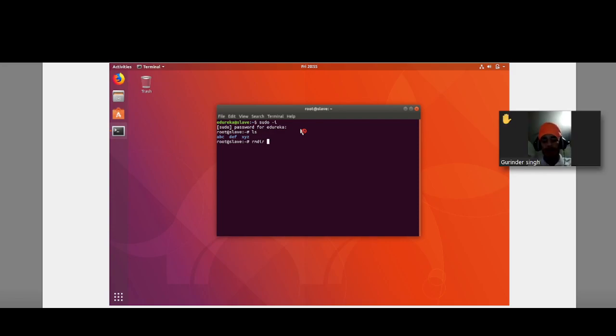Sir, can you please explain the 10th step? Space XYZ. Why are you doing DEF? Okay, do it. Then do RMDIR, sorry, just RM. RM space -r, and now ABC space ABC. Do LS. Okay, everything is deleted.